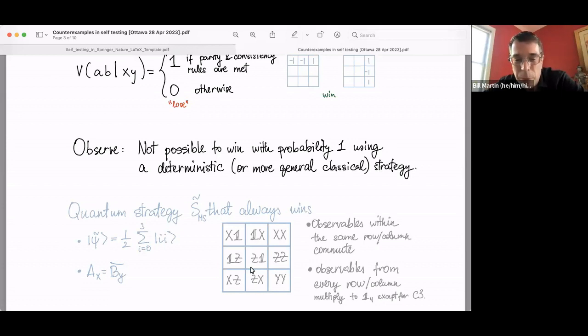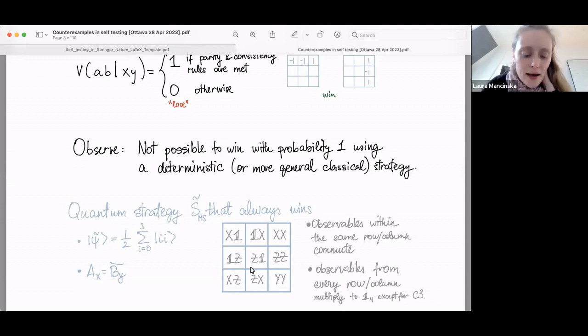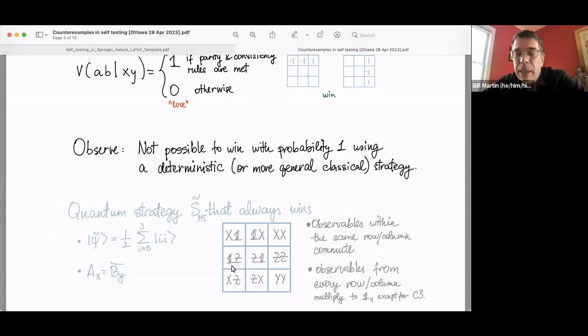I understand that the rows are simultaneously diagonalizable, the columns are simultaneously diagonalizable, and that must be some eigenspace that the two commutative subalgebras have in common. But why is that labeled Z tensor 1 and not labeled by the eigenspace? Sorry, I don't mean eigenspace. I mean eigen. So the projection.